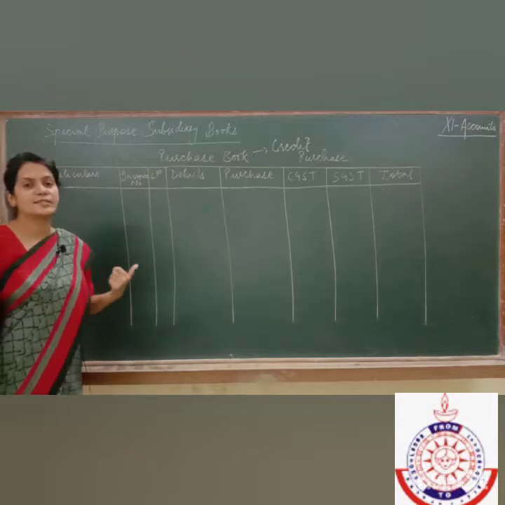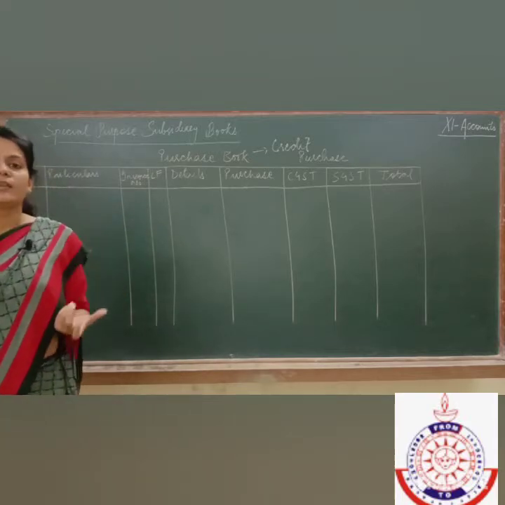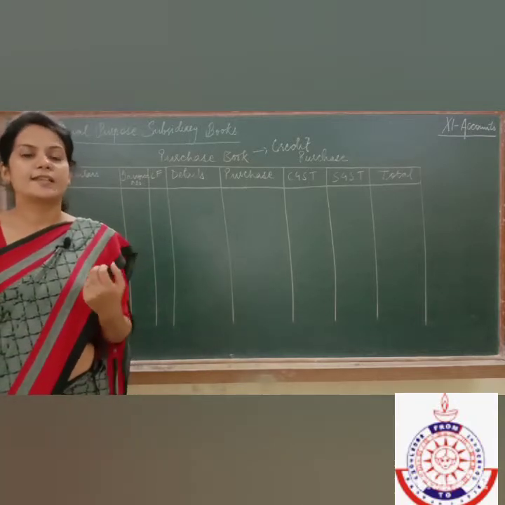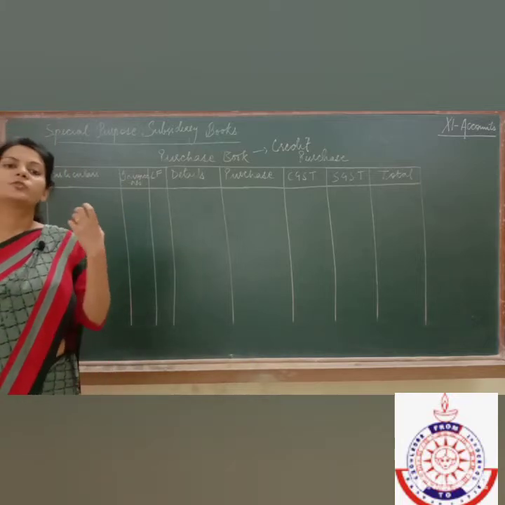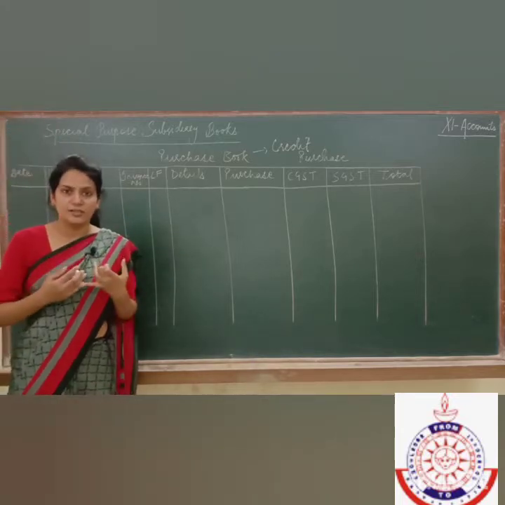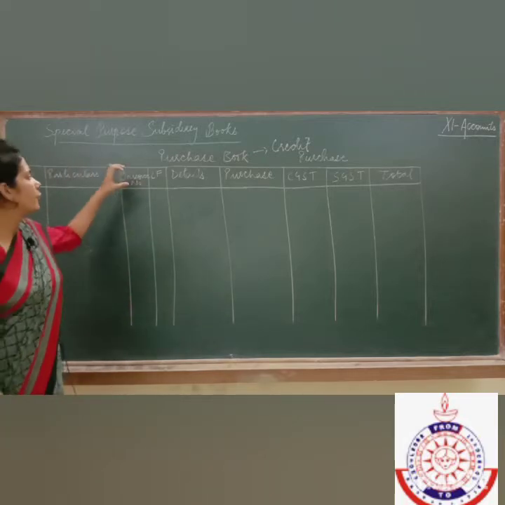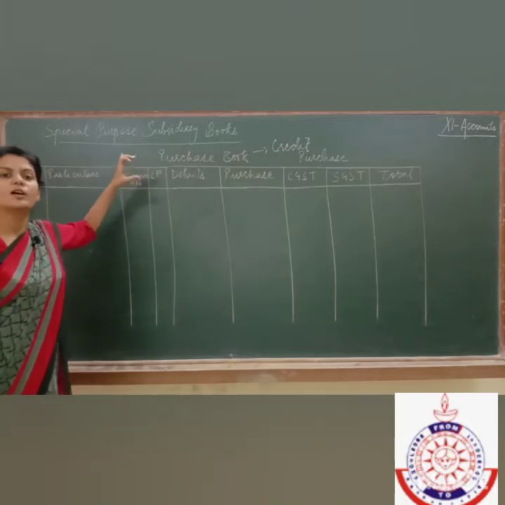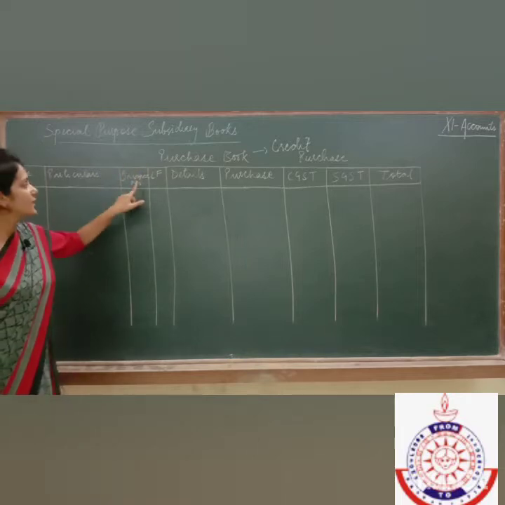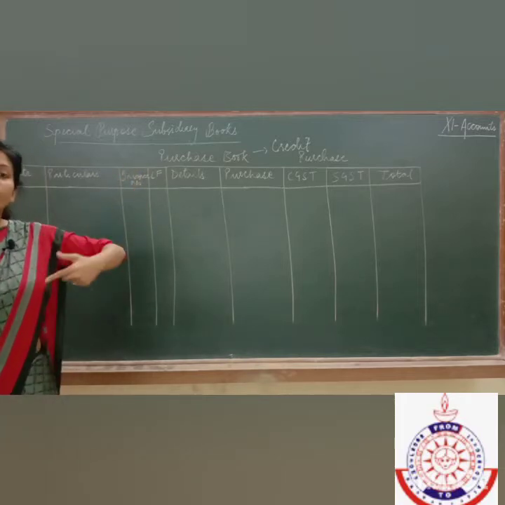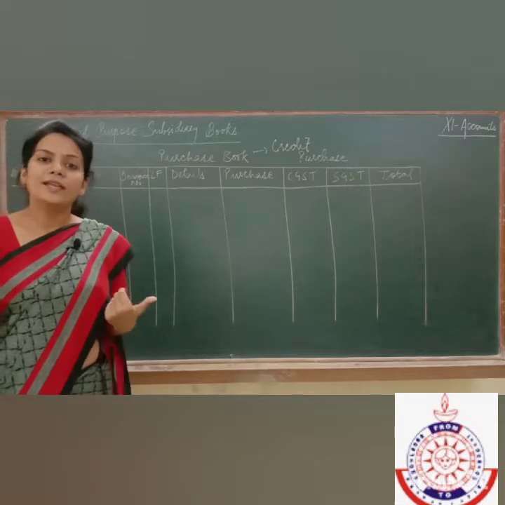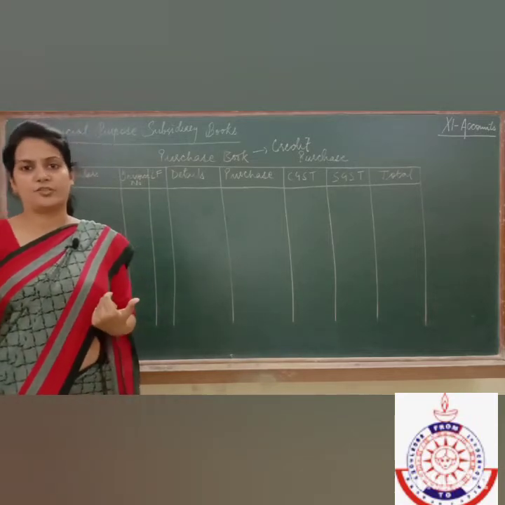Then comes invoice number. Invoice means the bill. As I told you in the beginning itself, we'll be recording only those transactions in the journal which have some support vouchers. So invoice is a kind of support voucher only. We generally get invoice or we issue invoice only in the event of credit transaction.